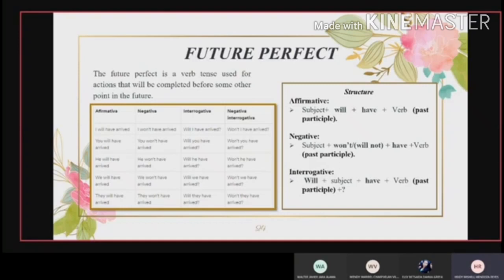Structure: subject plus will plus have plus verb past participle. In negative, subject plus won't, will not, plus have plus verb past participle. Question: will plus subject plus have plus verb past participle plus question mark.